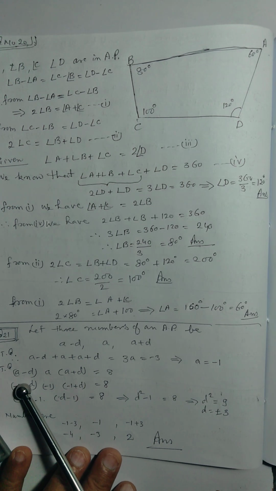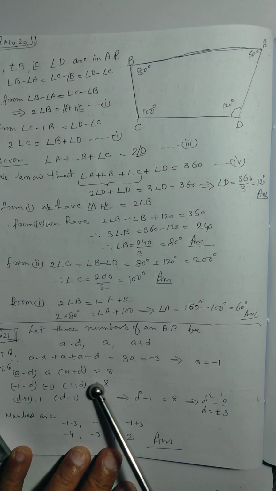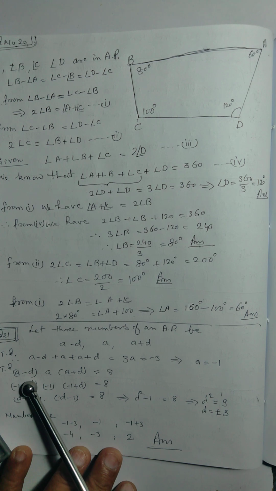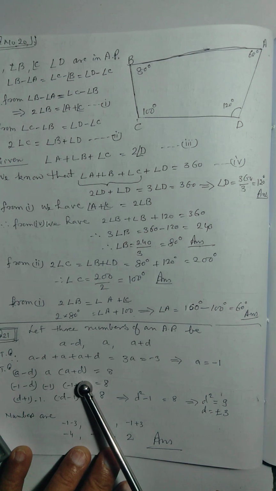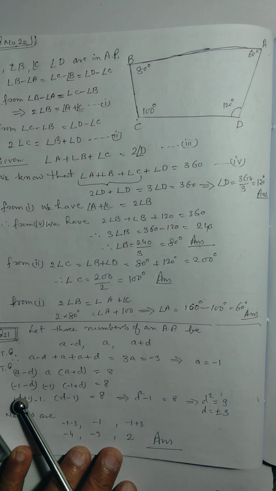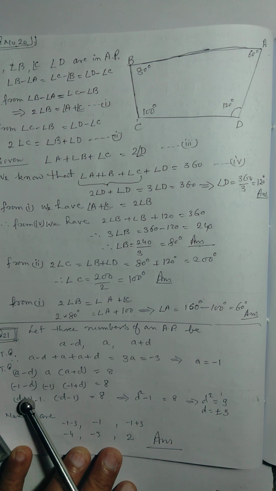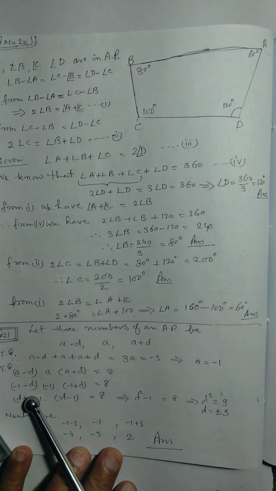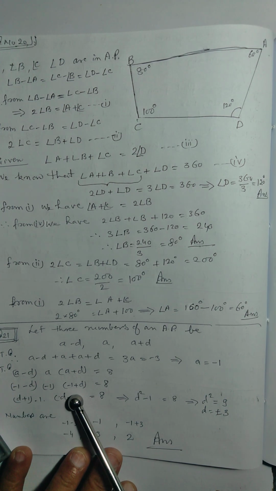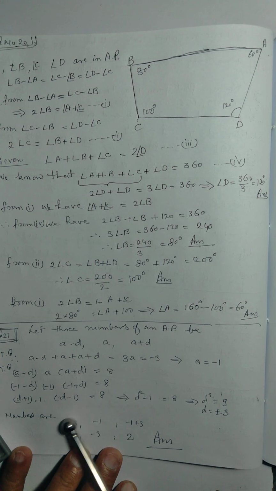Now according to the question, the product of all these three numbers should be equal to 8. So I have written here A minus D into A plus D, that is equal to A square minus D square. Now in place of A, I have written minus 1 because we have already worked it out. So minus 1 into minus 1 minus D into minus 1 plus D is equal to 8.